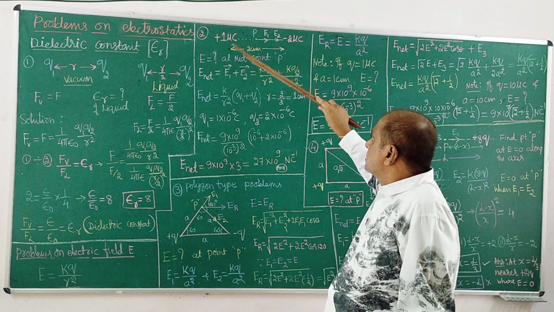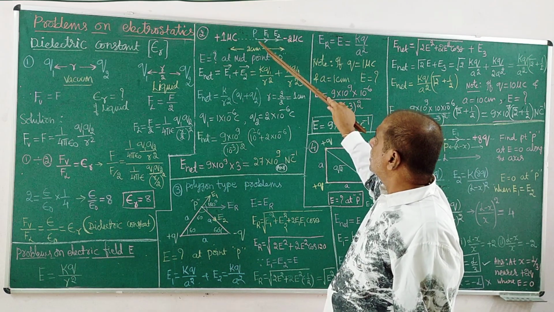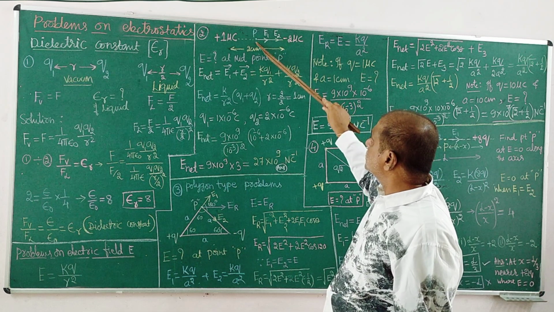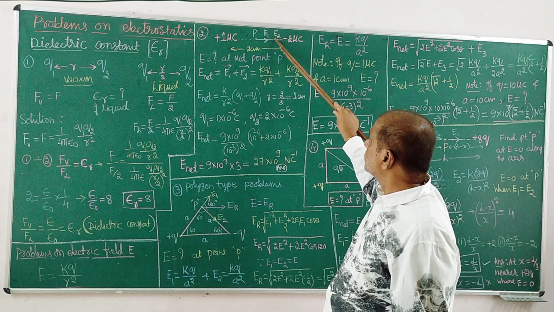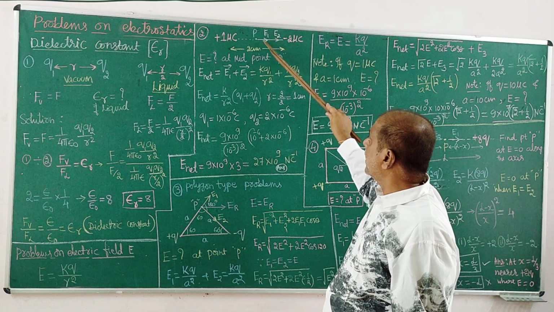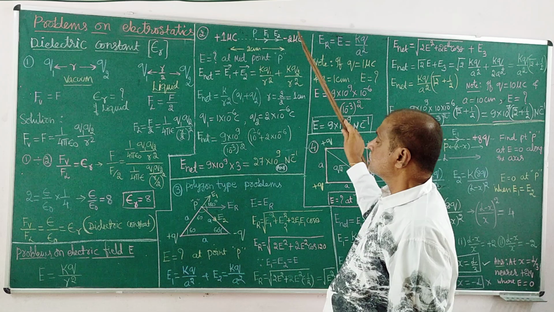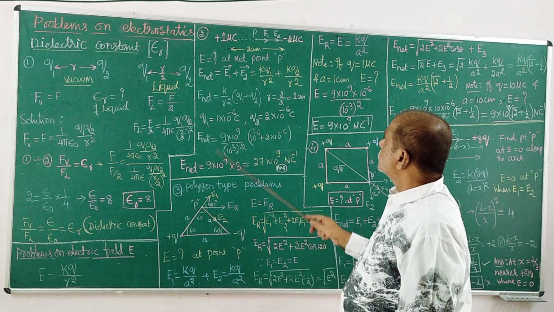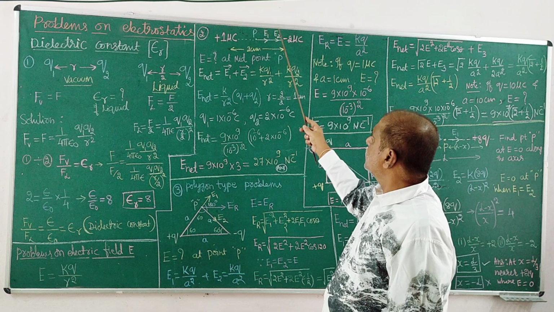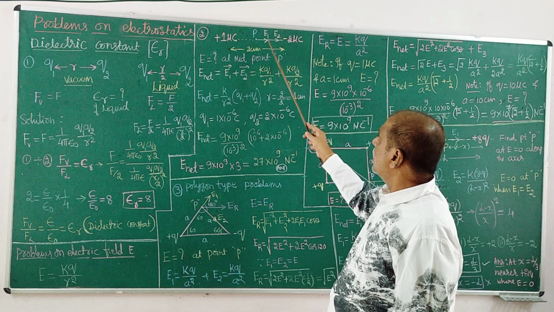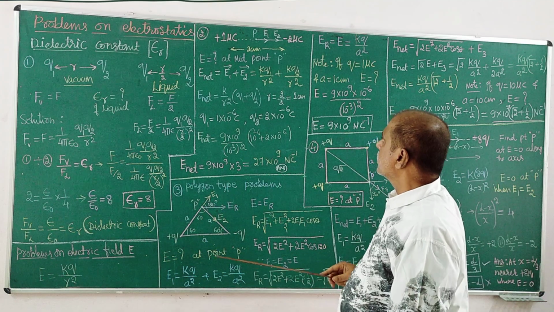P is always a plus point. The electric field at this point due to the other charge is E2. Direction is this, again a repulsion between the point and the charge. So E1 is the electric field due to this, E2 is the electric field due to this, and the direction is the same, along the same line.